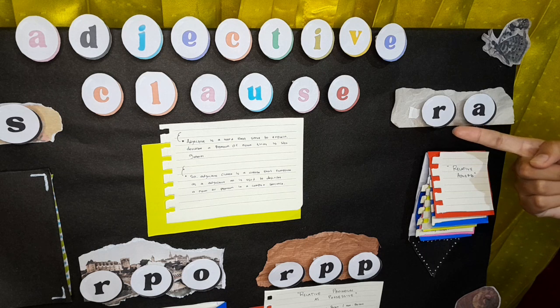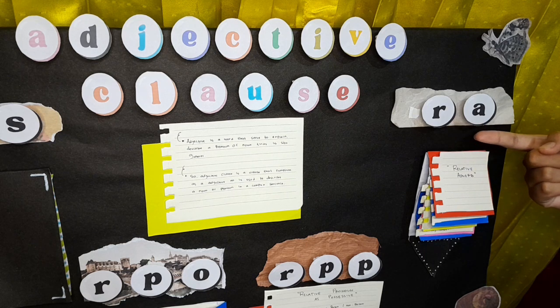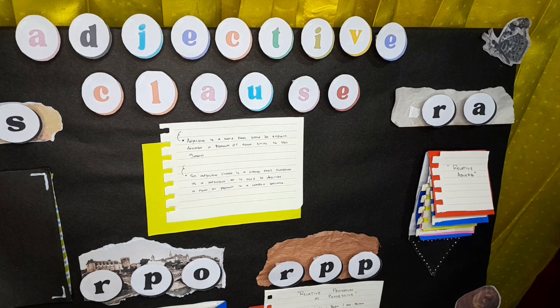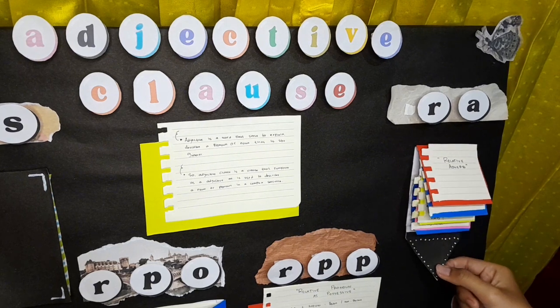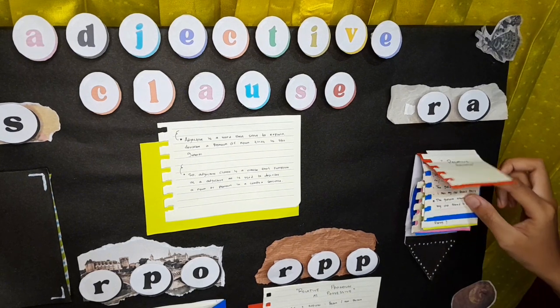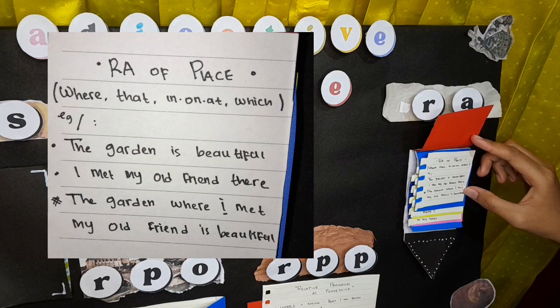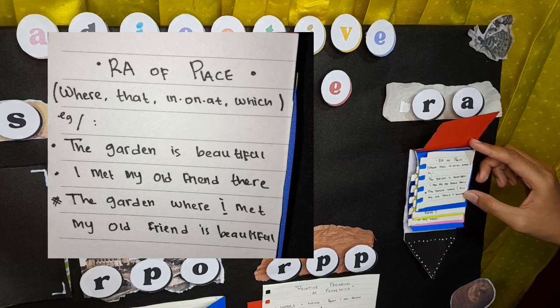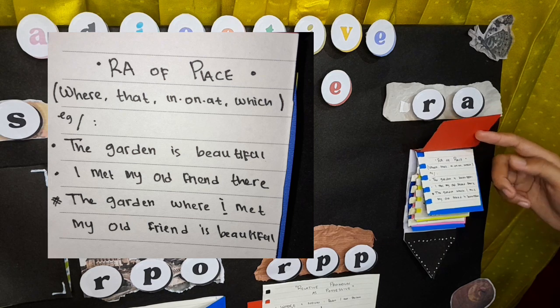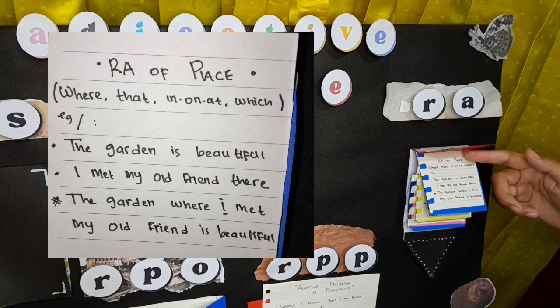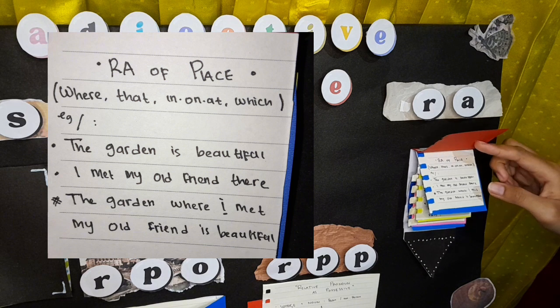Next, the last is RA, relative adverb, where RA itself is divided into three. The first one is the relative adverb of place, where it has the conjunctions where, that, in, on, at, and which. For example, here are two sentences.